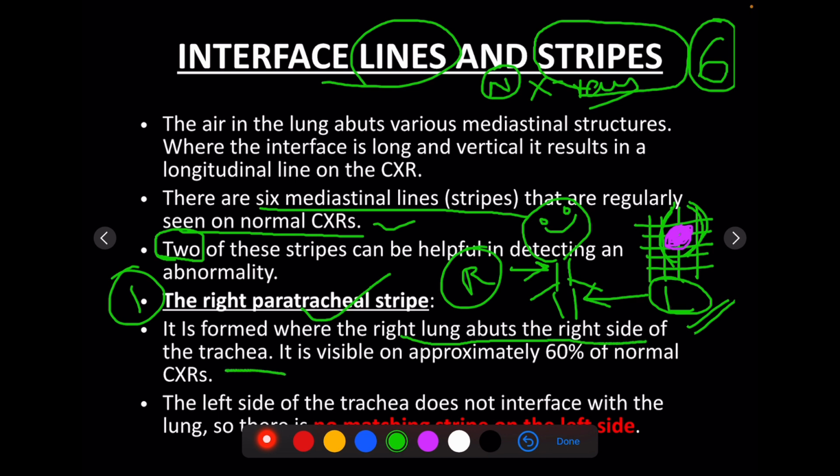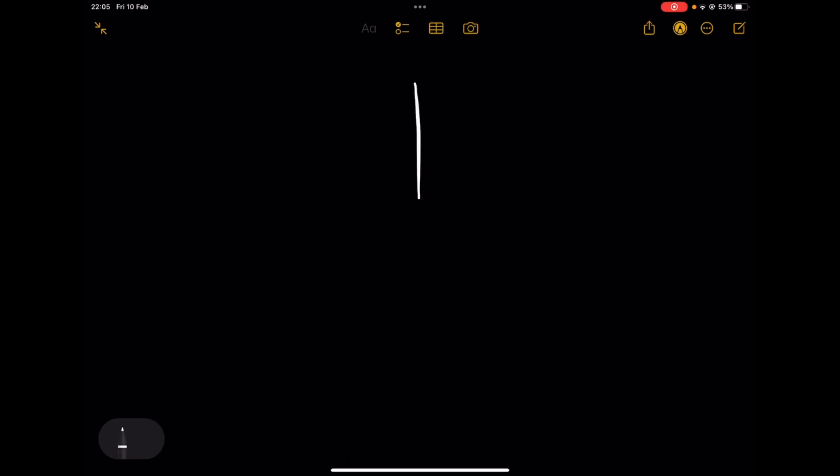So for example, I will give you a picture. This is the trachea. Air inside the trachea is black. There is lung abutting this trachea.